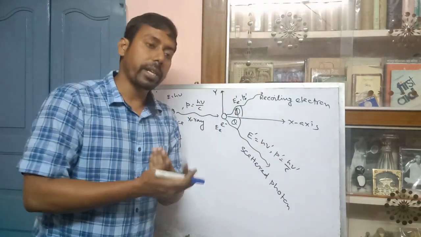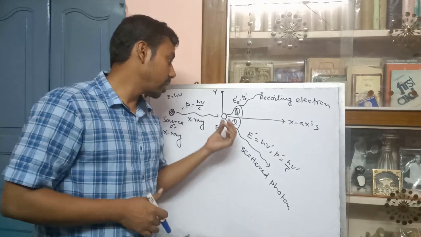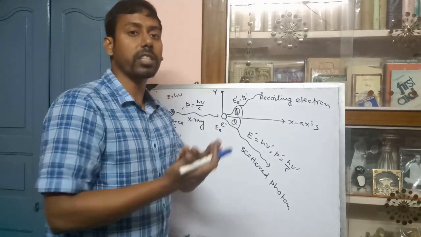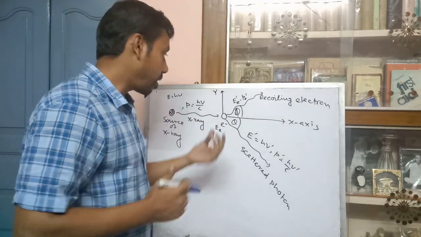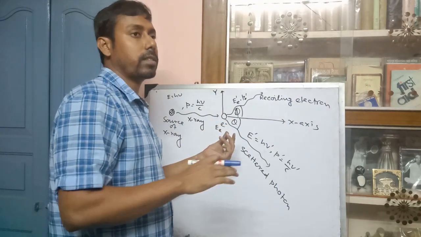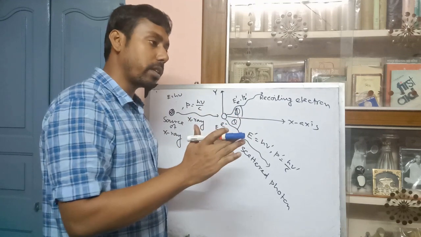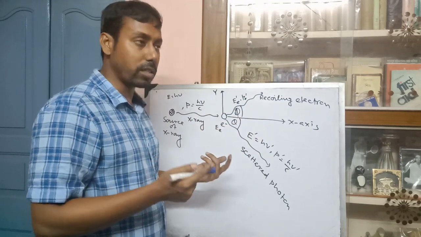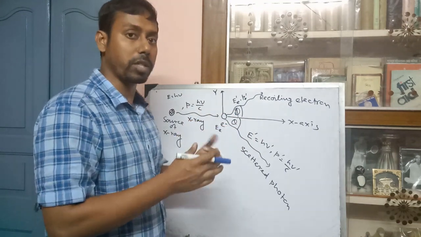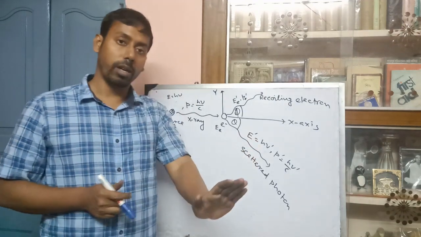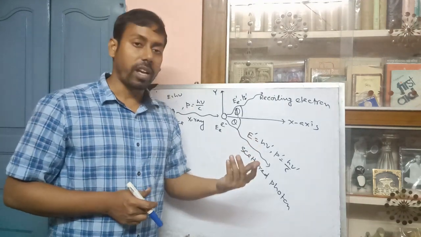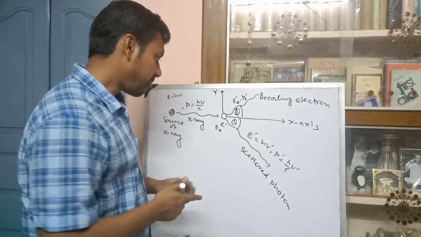He also considered this as an elastic type collision. We call a collision elastic if the energy before and after the collision remains the same, and not only energy, the momentum before and after the collision will also be the same.